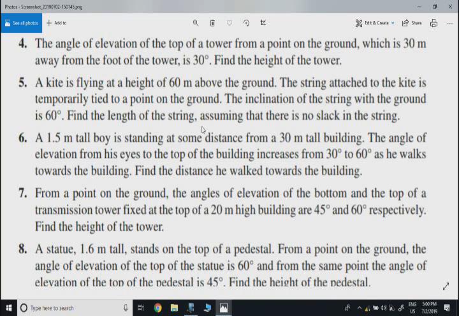Yes, Tetso College, the answer is right. CC Pur, the answer is right. Tetso and CC Pur, you can proceed to question number 5.